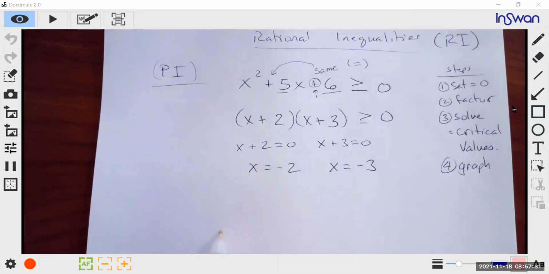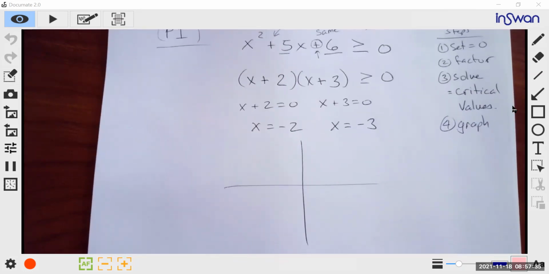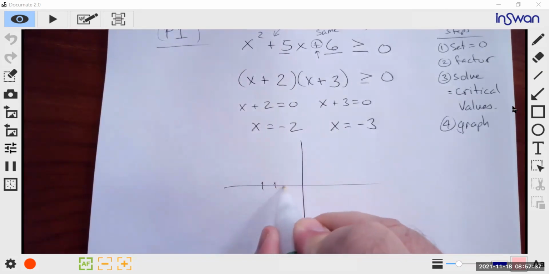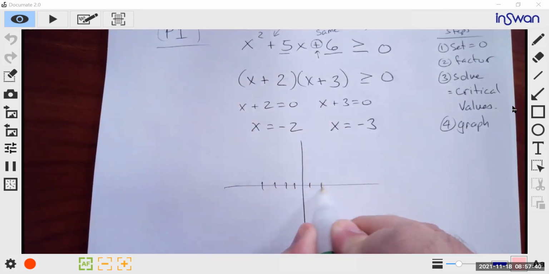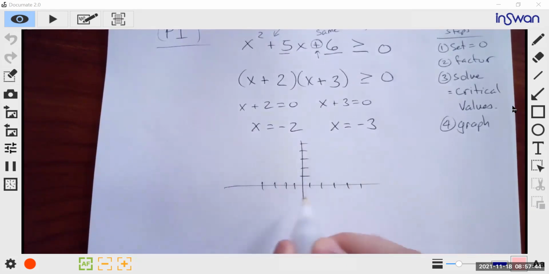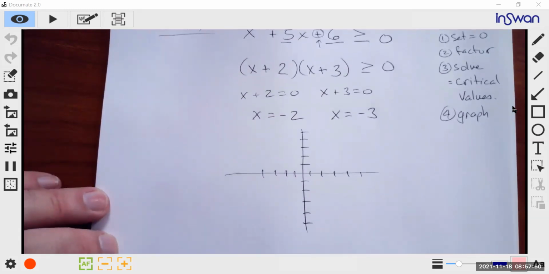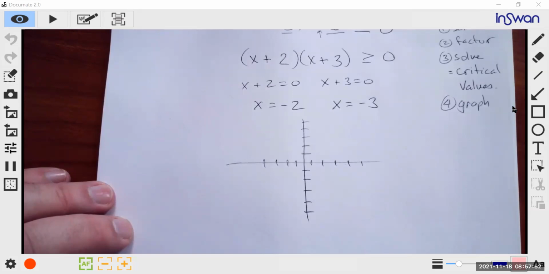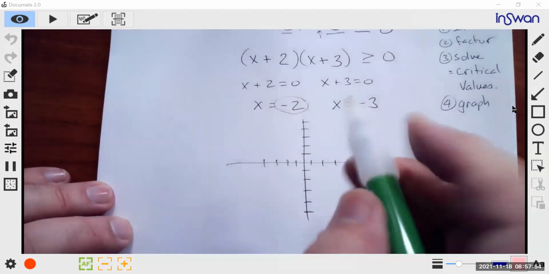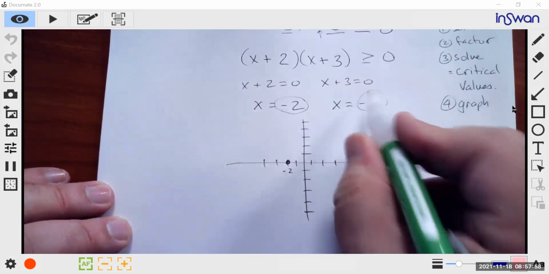So graph the equation. So we plot these 2 points at -2 and at -3.